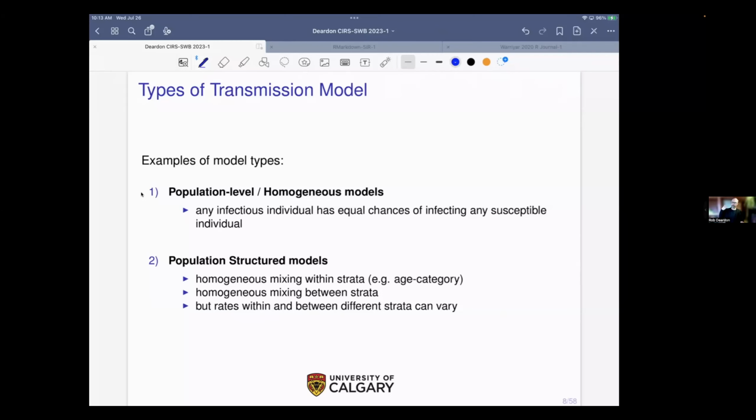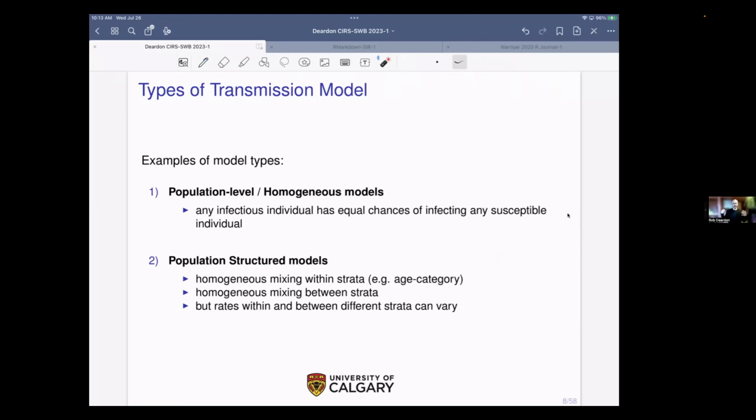You know, there's no gender effects or age effects or geographical effects about your risk of getting or passing on the disease. Everyone's the same, and everybody comes into contact with everybody else purely randomly, probably at a very low rate, but it's purely random, right? Hence the homogeneous model. These are very simplistic models in a way, but they're also extremely useful. And we'll spend, as I say, a fair amount of time talking about those today.